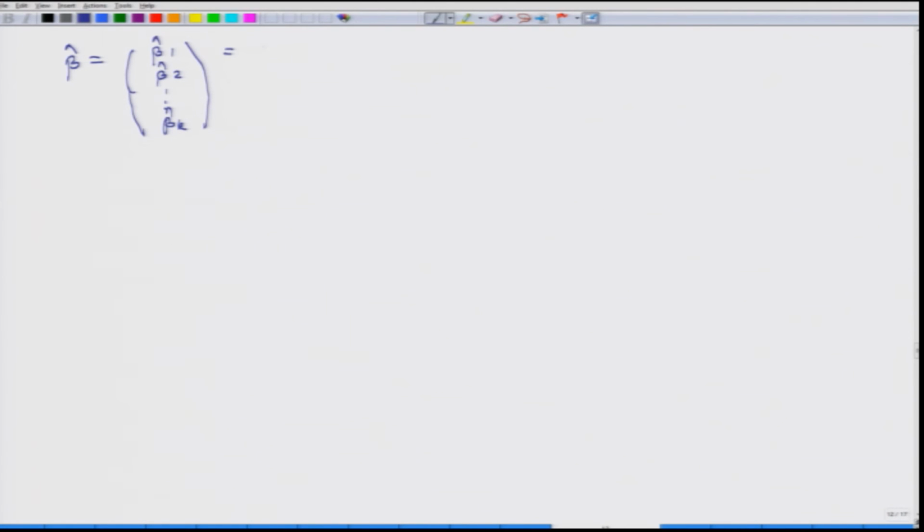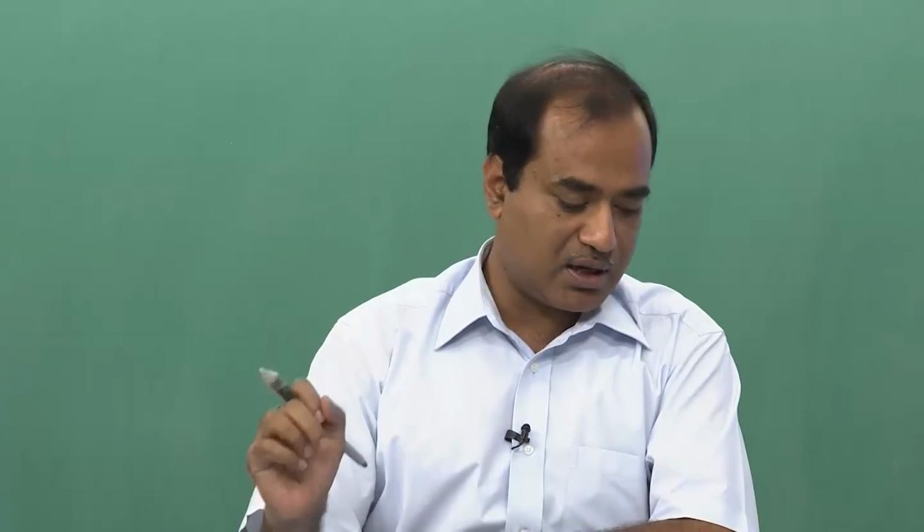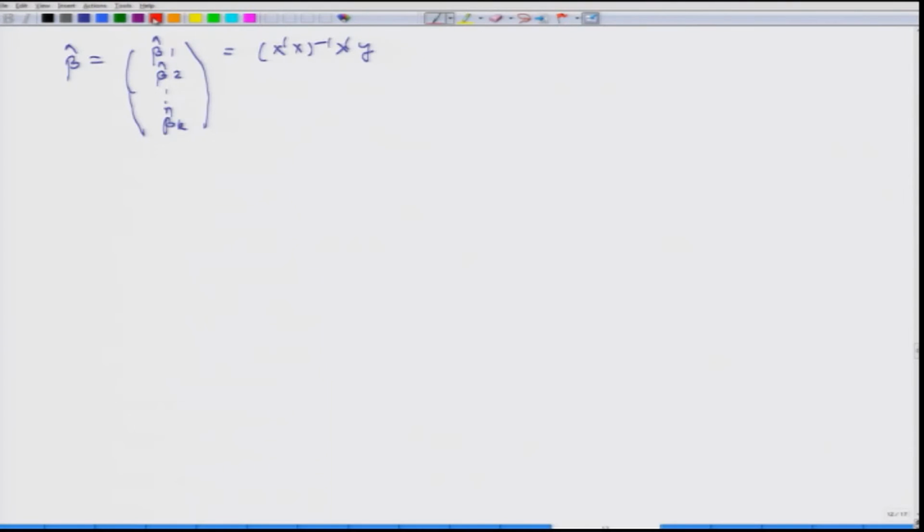So, whatever you get after solving this equation, you will get a vector, and the individual values of that vector are going to give us the individual estimates of the elements of the beta vector, right.